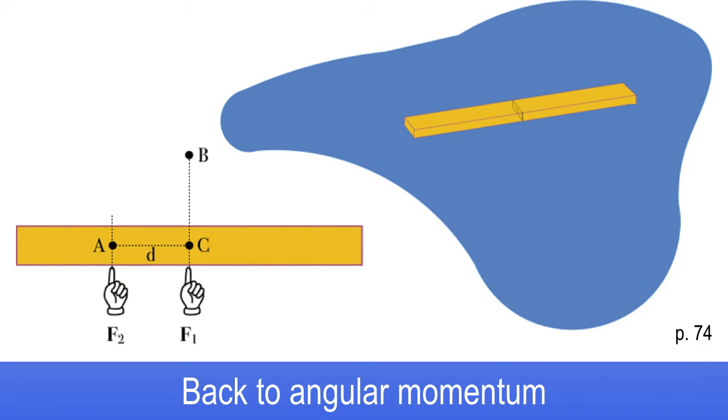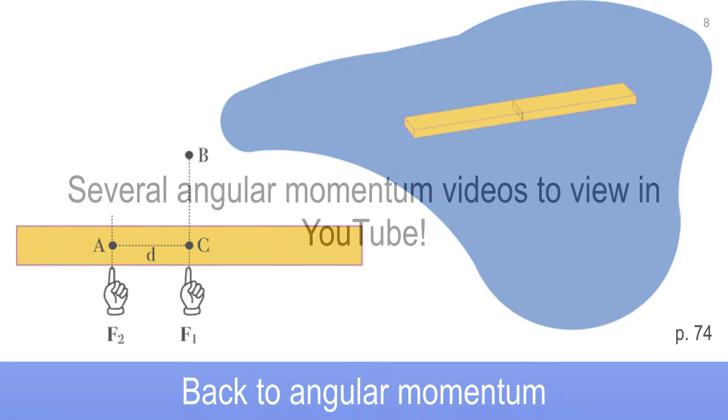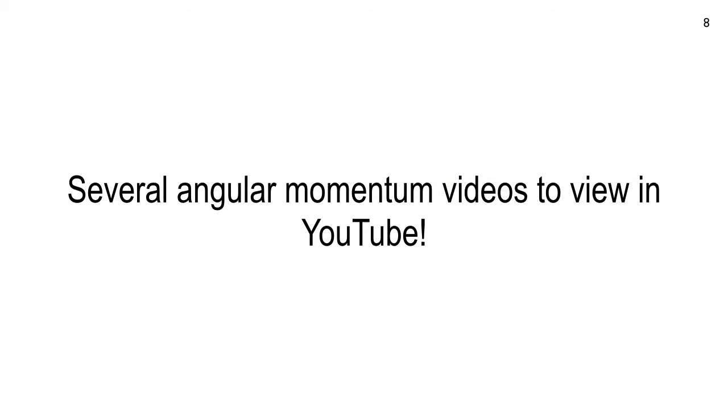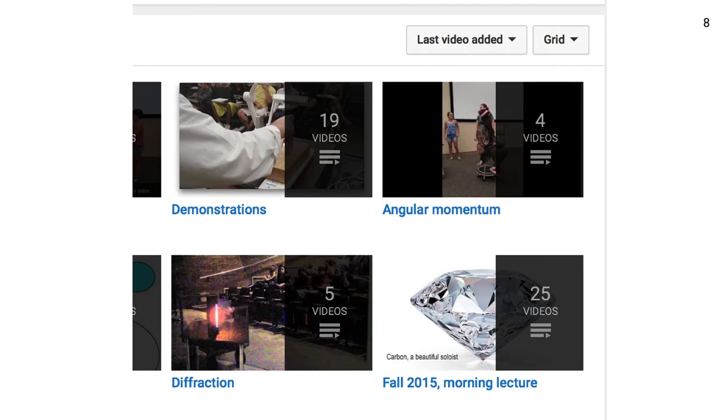Okay, let's get back to talking about angular momentum. This is a diagram here from page 74 that we're going to talk about in a few minutes. But before we do that, I want to take a look at some angular momentum videos on YouTube. Go to the PSC 1121 YouTube area, same place as you have the lectures.